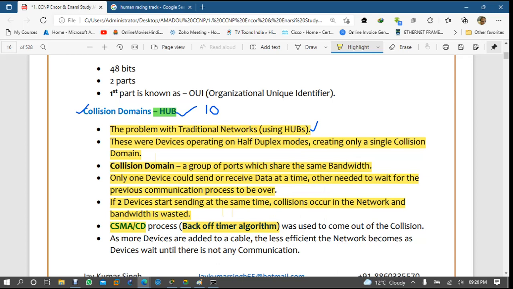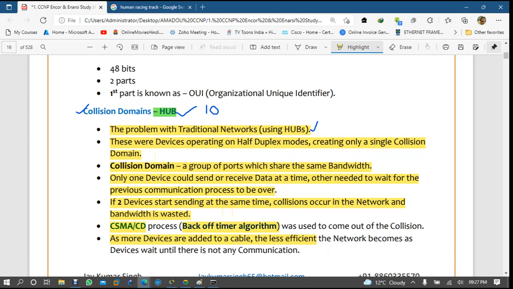Now, another problem: as more devices are added to the cable, the less efficient your network becomes. If your hub is 10 Mbps and you add 20 or 50 computers, the bandwidth is divided, the network becomes slow and collisions occur. In older times, with a small network, a hub was okay for us.